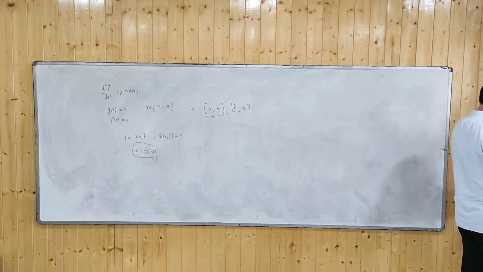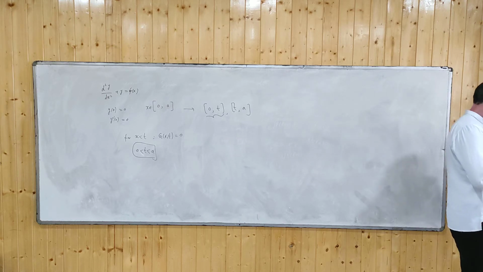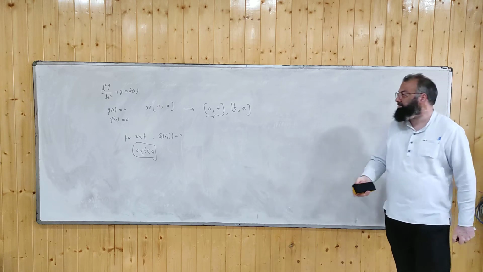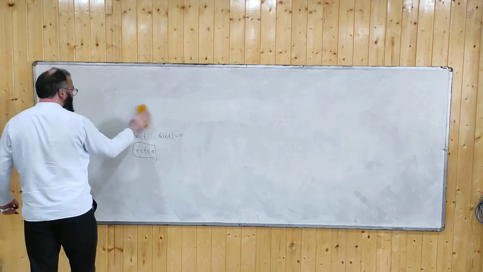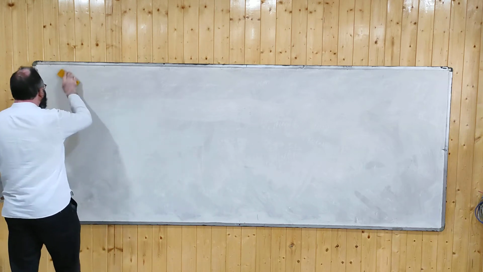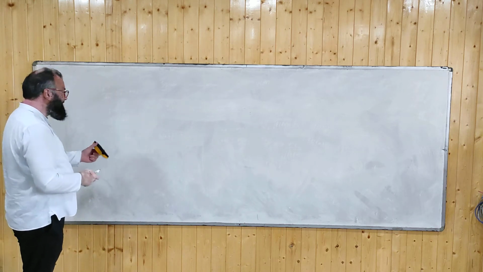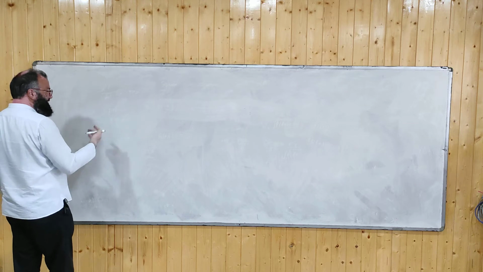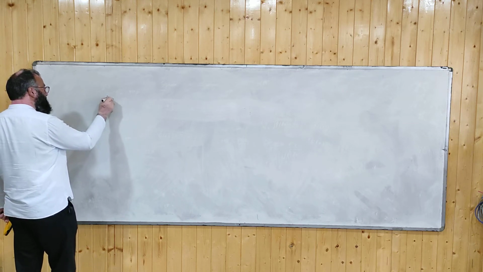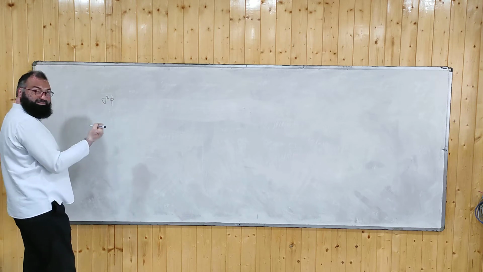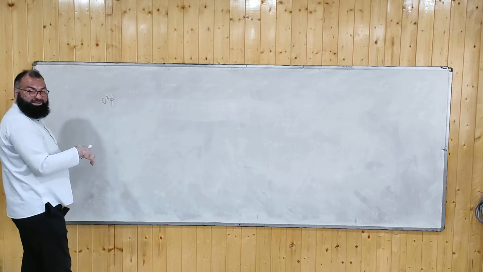Now let's take another way to derive the Green's function. Let's take the simplest example, although it's not the simplest. You have this Poisson equation.